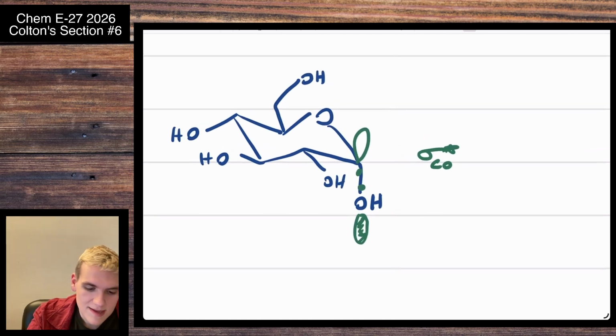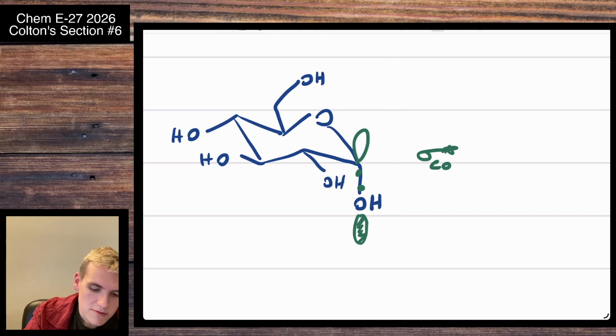And what happens is we can think about the lone pairs on this oxygen occupying an axial and equatorial position, just like two substituents would on the oxygen, because we know this oxygen's tetrahedral, and we know that in a chair it's going to have an axial position and an equatorial position.